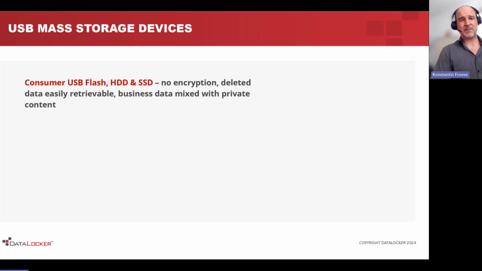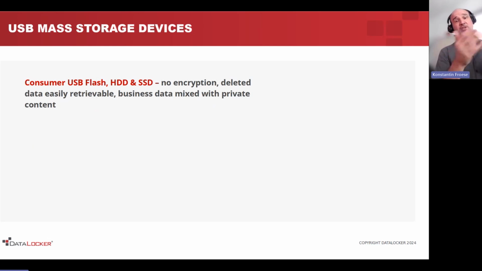Customers often tell us, yeah, we know that these have no encryption and that there's a certain risk, but we always delete the data if we use the device, so nothing can happen. And this is, of course, a huge misunderstanding because the data is easily retrievable. There's shareware that any one of us can download from the internet and bring the data back. So that is a serious risk.